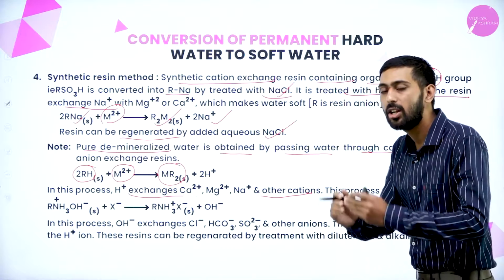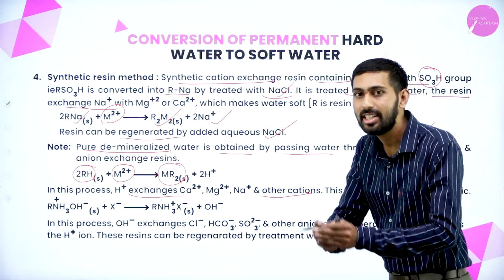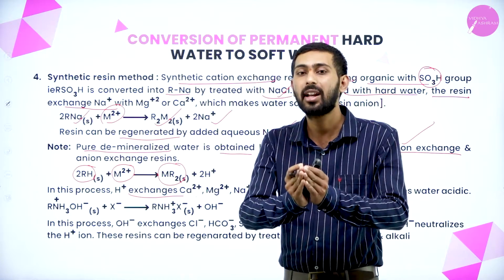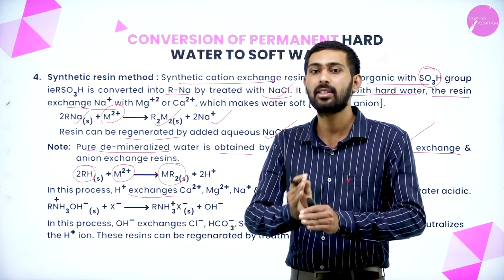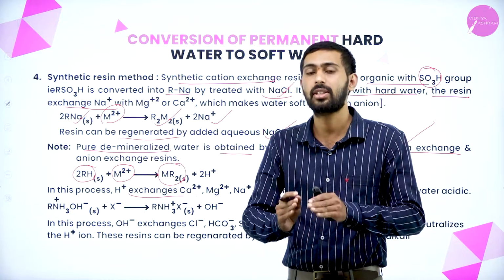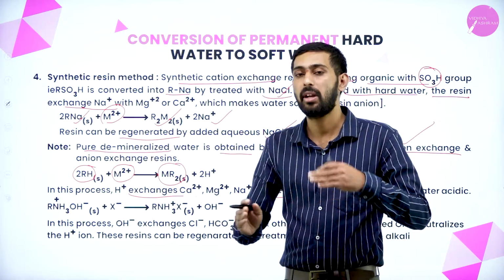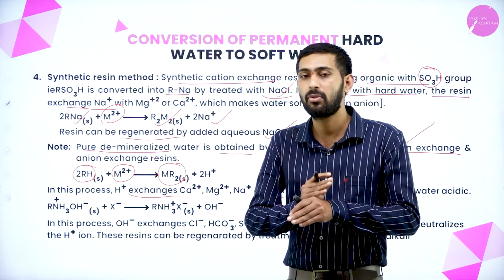So I have said that we should use resins for the formation of the purest form of demineralized water. Otherwise it is not successful by filtration. We should not use that at all, because by filtration we will not get the purest form of water.